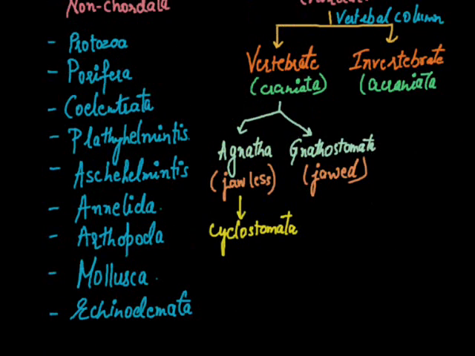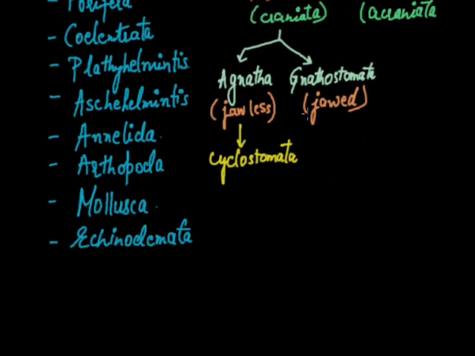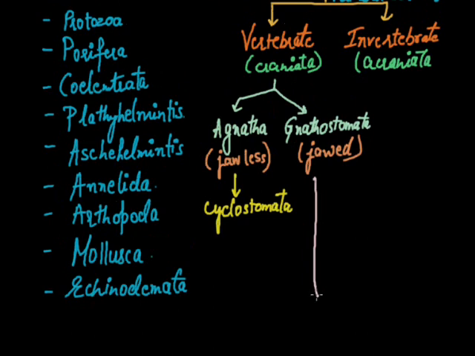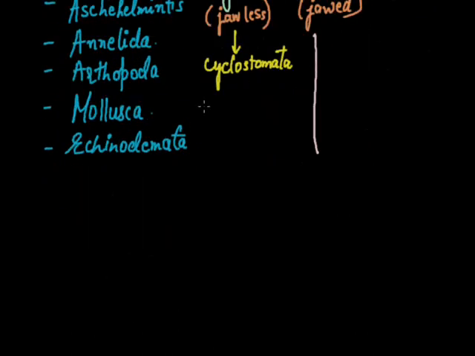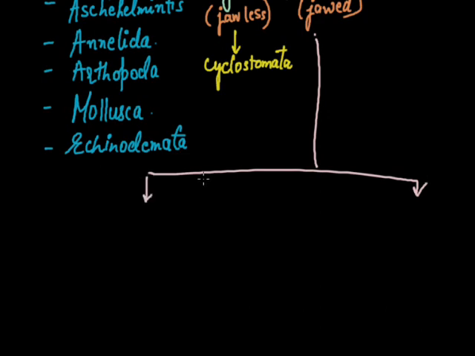Now we move on to further division. Gnathostomes, the jaw-bearing animals, are further divided into six classes.